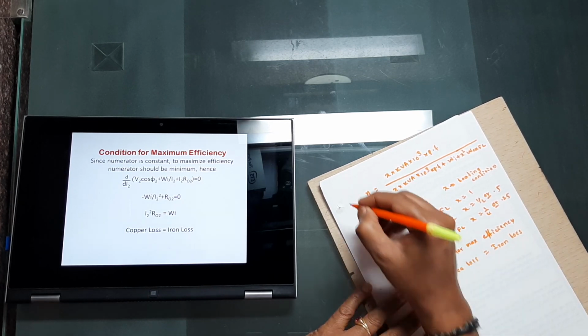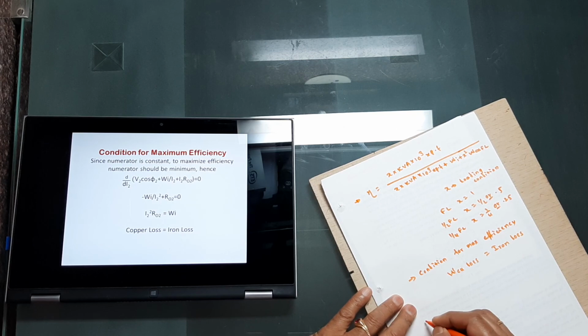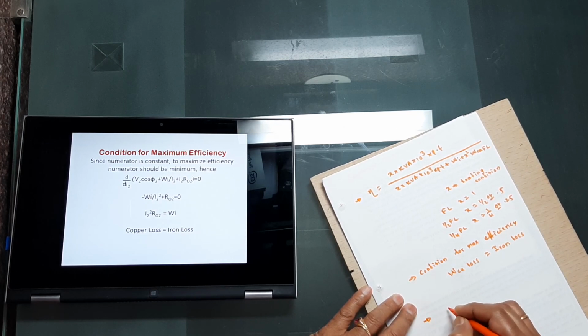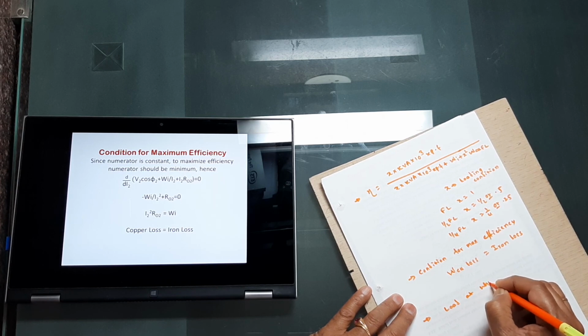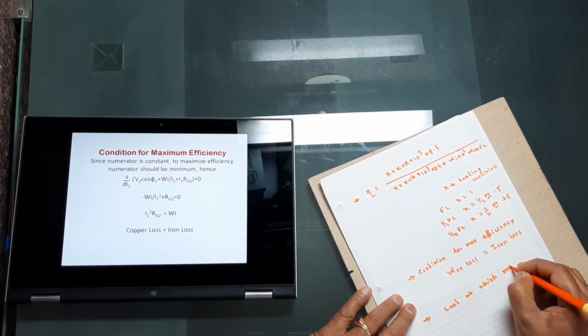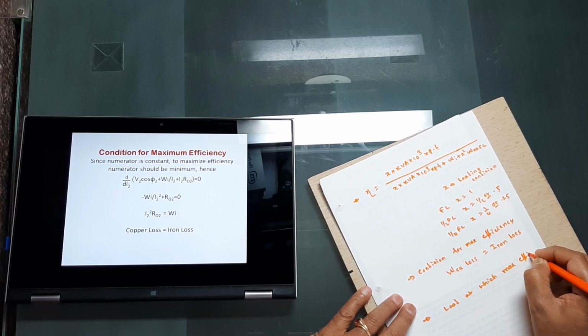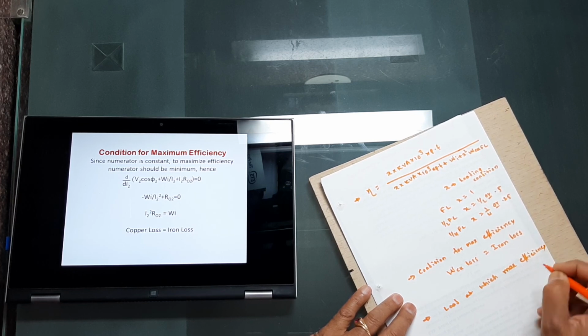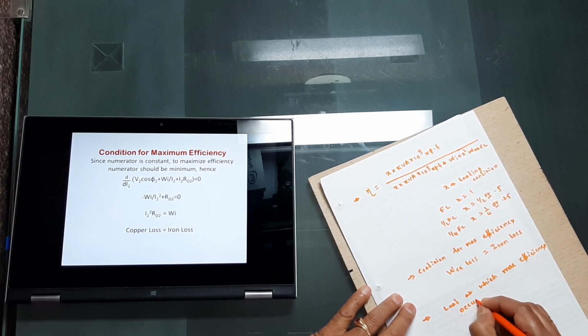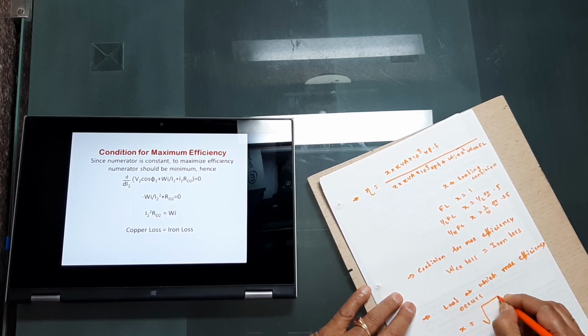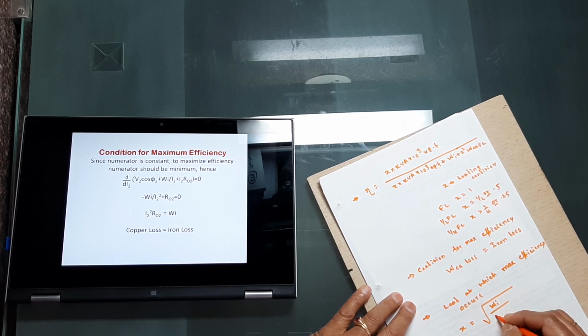Then the third equation we are using here is the load at which maximum efficiency occurs. That is, x is equal to the square root of Wi divided by WCU FL. These are some of the equations.